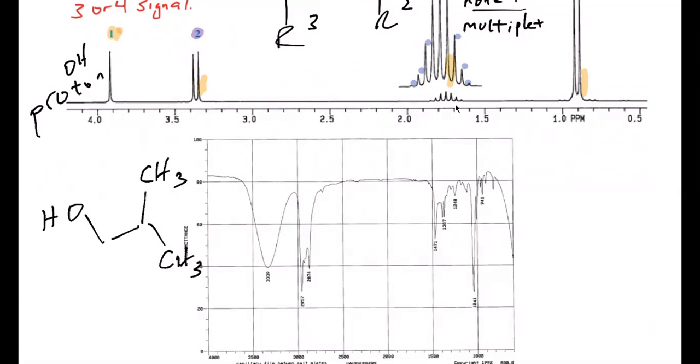the main infrared stretch you're going to be looking for is here, the OH stretch. That's a very recognizable stretch. It's easy to pick out because it always looks the same. We characterize the OH stretch as a broad stretch.